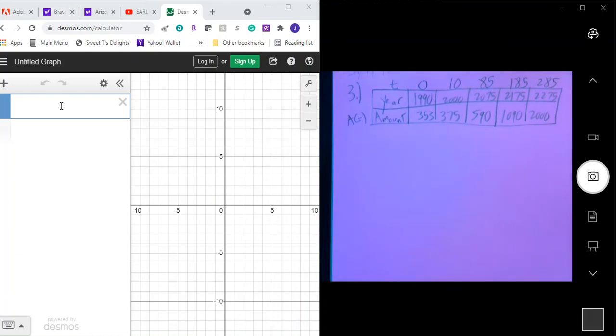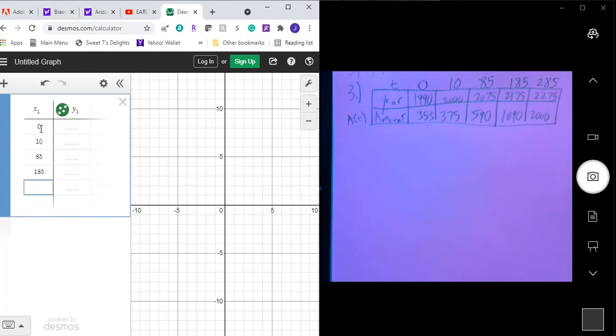So we go over here to this table because we want to see what this graph looks like. So we would add a table and type in these numbers: 0, 10, 85, 185, and 285.